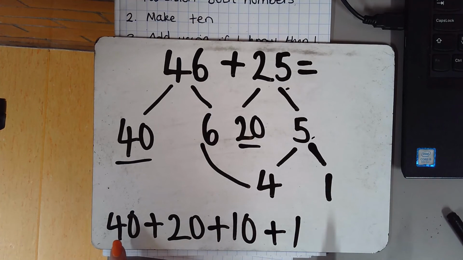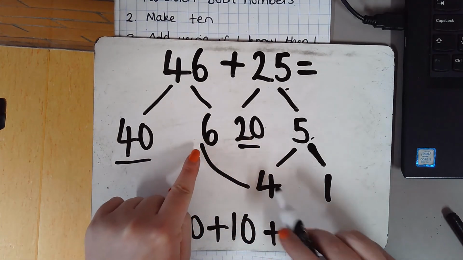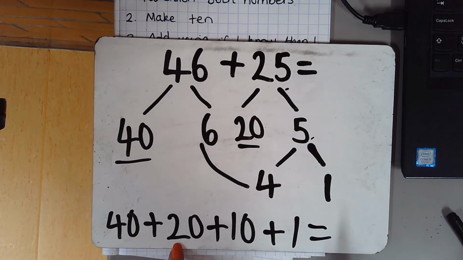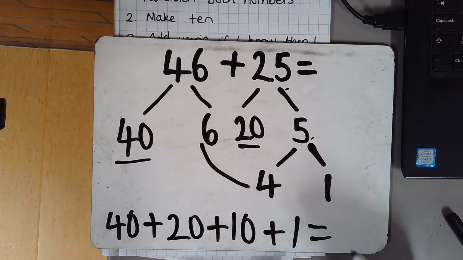If I know 4 add 2 equals 6, then I know that 40 add 20 equals 60. If I know that 6 add 1 is 7, then I know that 60 add 10 is 70. Add 1 more equals 71.